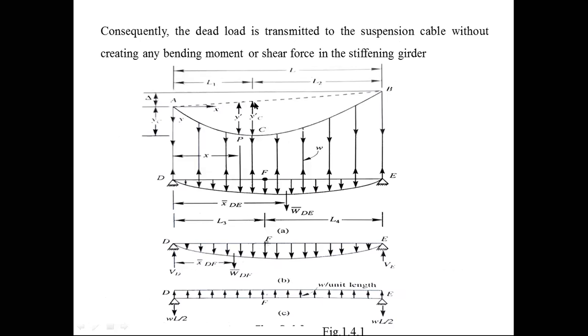Okay. So when you take the origin at A, the left support, what is the equation of parabola? Already you derived it in your RHS. Anybody tell me what is the equation of Y, the parabolic equation?